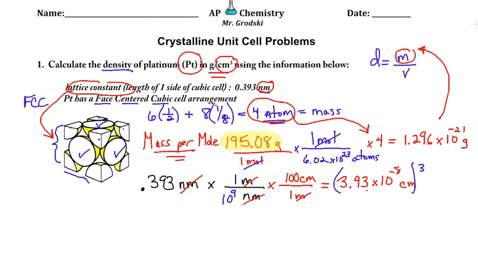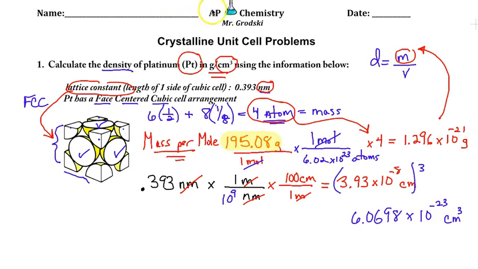When I cube this, I get 6.0698 times 10 to the negative 23, and notice my units are cubed too, and that's the unit I want.